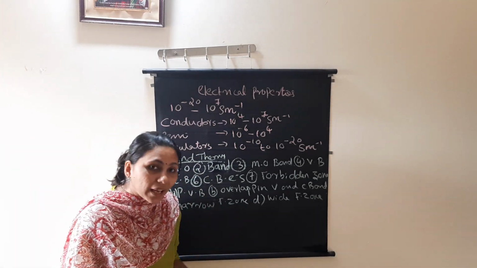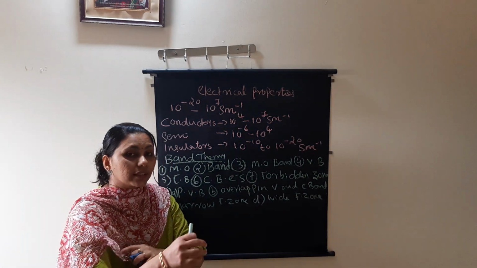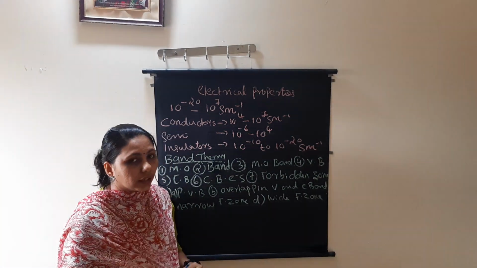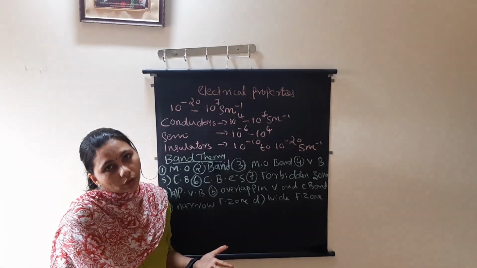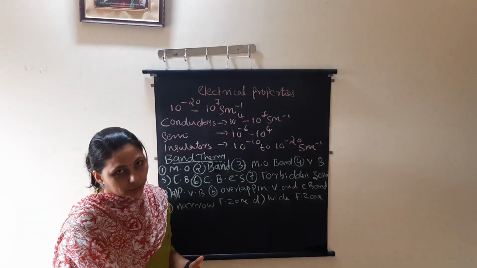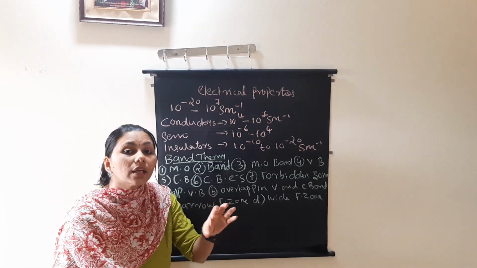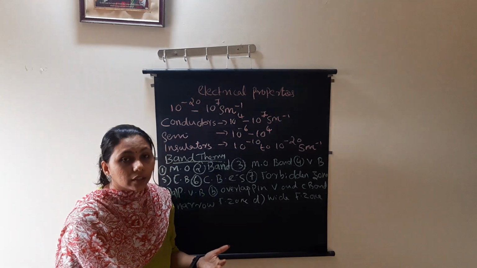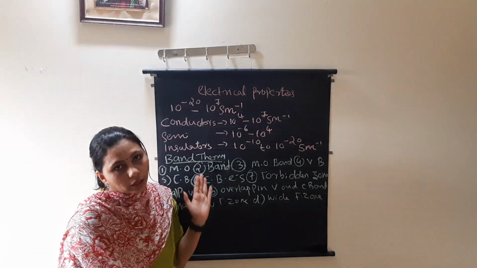This band theory has 8 postulates. How many postulates are there? 8 postulates. We know atomic orbitals are there, molecular orbitals are there, right? The first one is, in solids, the outer atomic orbitals undergo linear combination to form molecular orbitals.